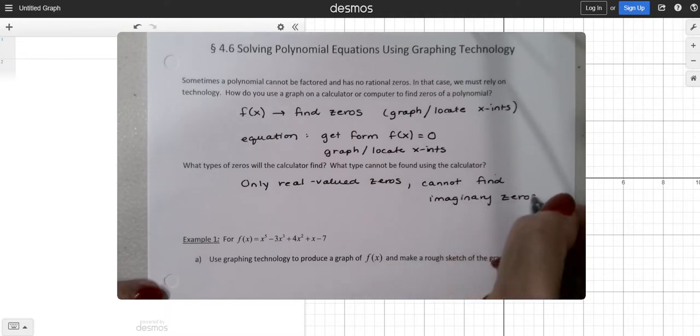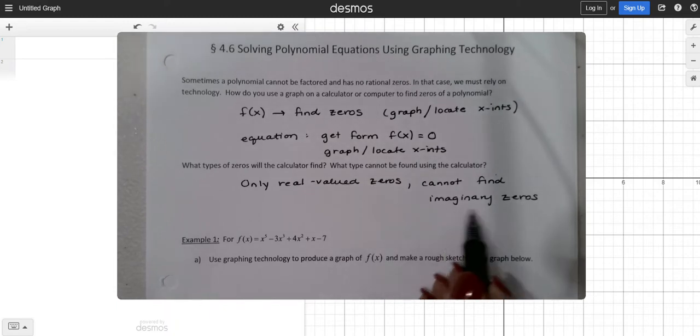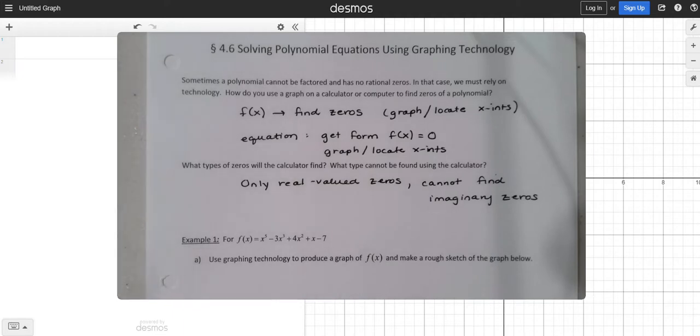And of course, that's because, as we saw when we were graphing, the imaginary zeros don't give us any x-intercepts. Now, based on what we know about the degree of our function, we can predict the existence of imaginary zeros, but we can't actually find them this way.